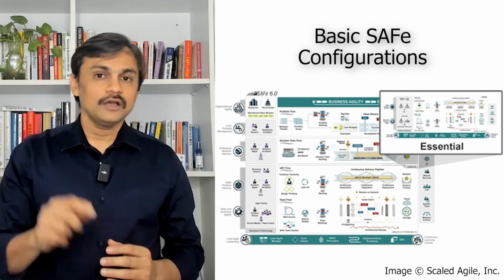You need SAFe when you want to make multiple agile teams, 5 to 12 teams, into one bundle, a bigger community. Why are you creating this bigger community? Because they have a common goal, a common purpose, and because of that they are highly interdependent.